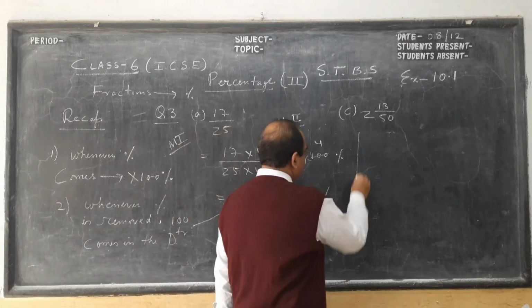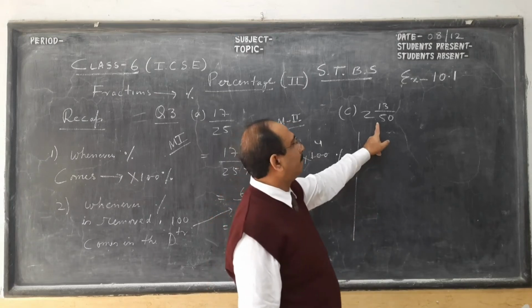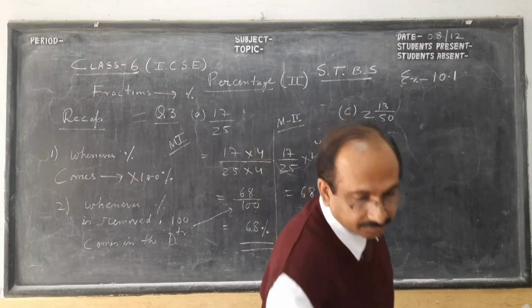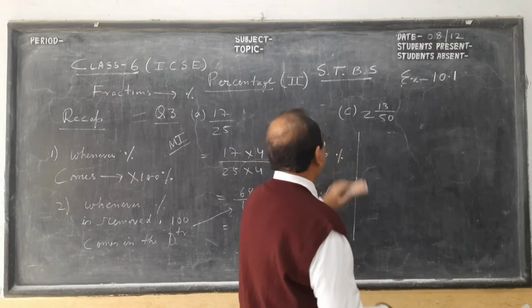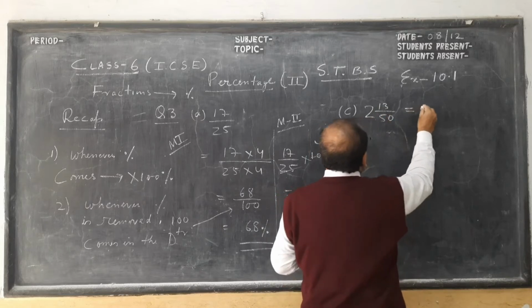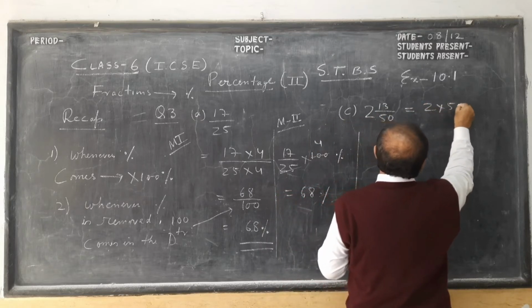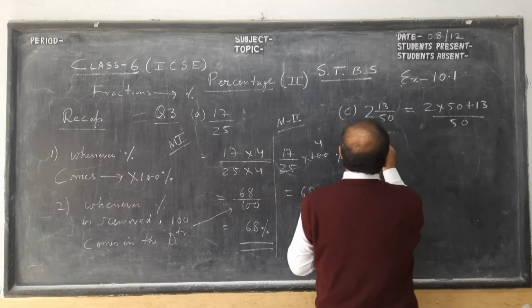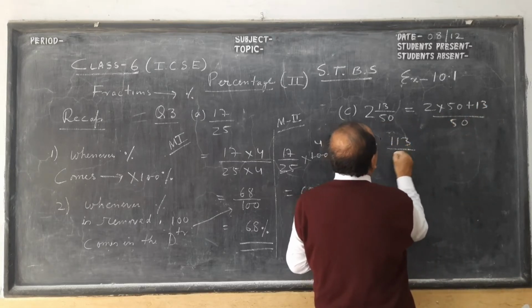Same with this question. Convert your mixed fraction into an improper fraction. So we get, children, 2 into 50 plus 13 by 50, so we get 113 by 50.